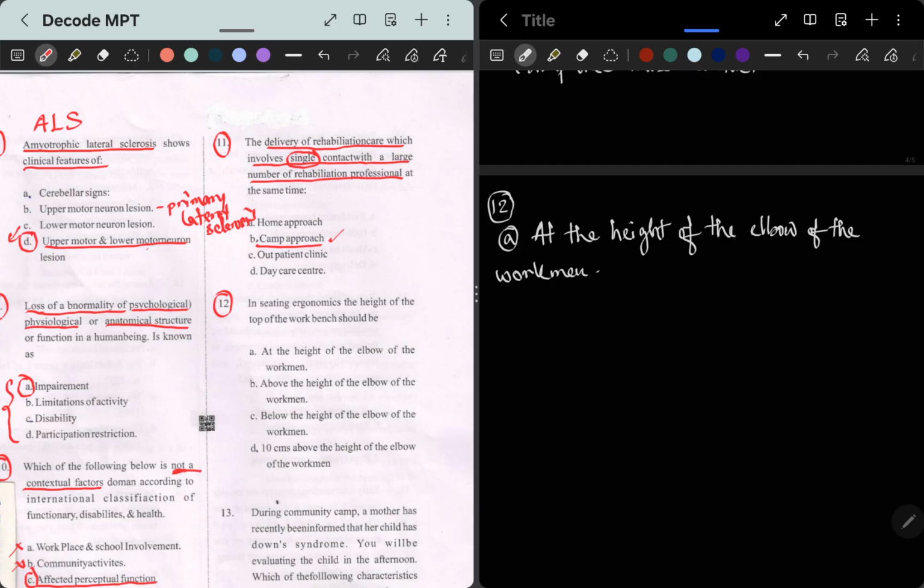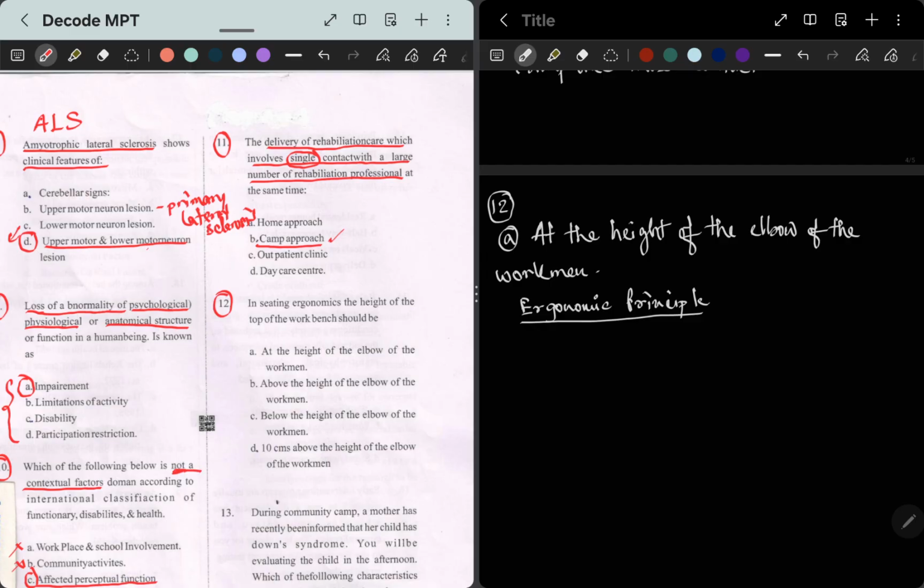So what is the basic ergonomic principle behind this answer? Why is the answer at the height of the elbow of the workman? Look at sitting ergonomics, the height of the top of the workbench.